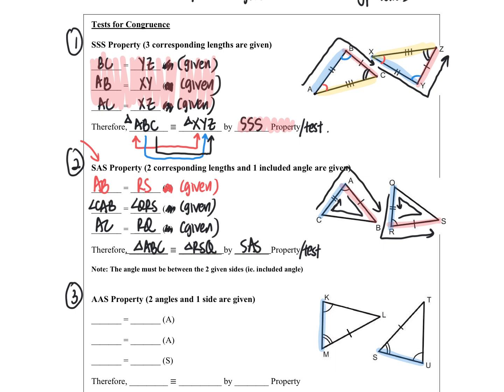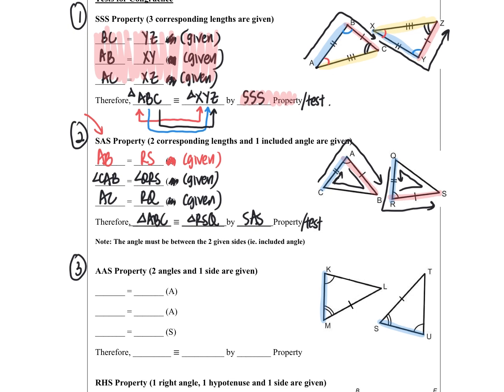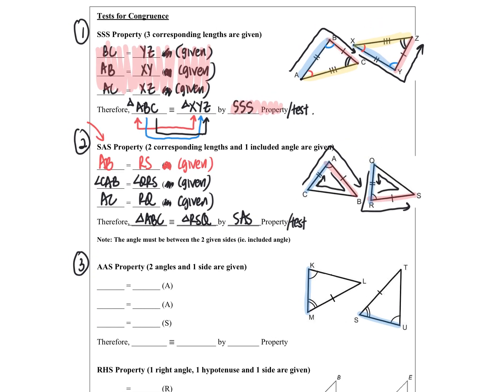Then it's AAS. But you cannot write SAA test. You must write AAS test. Why? Because the person who came up with it says so. So if you want to change the rule, then you come up with your own test. Okay? So these two angles followed by a side.